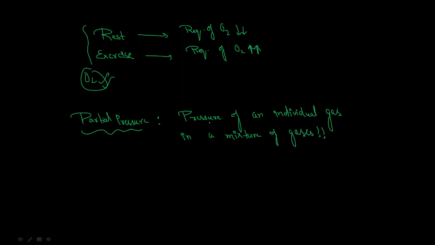This is what partial pressure is for a particular gas. For a particular gas, the partial pressure will be the pressure of an individual gas in a mixture of gases.